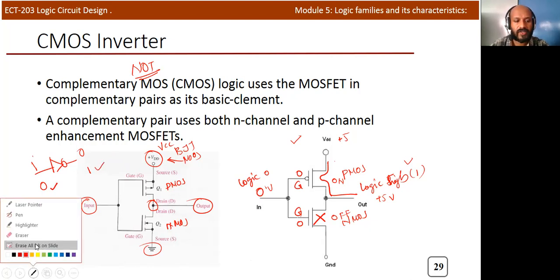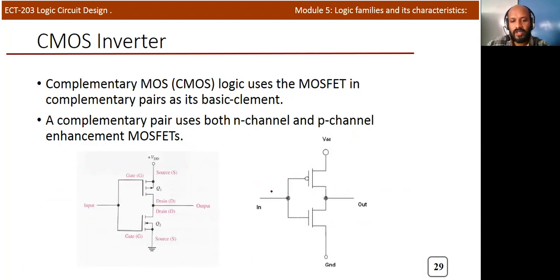Now we'll discuss the other combination, where you apply logic 1, or plus 5 volts, at the input side.